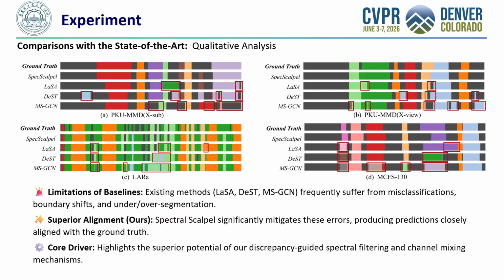Moving to the qualitative results. As highlighted by the red boxes, existing methods frequently struggle with misclassifications, boundary shifts, and under- or oversegmentation. In contrast, Spectral Scalpel produces predictions that are much more closely aligned with the ground truth. This visual evidence clearly highlights the superior capability of our discrepancy-guided spectral filtering and channel mixing mechanisms.